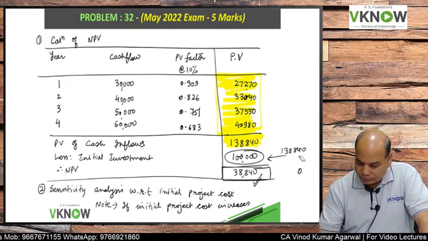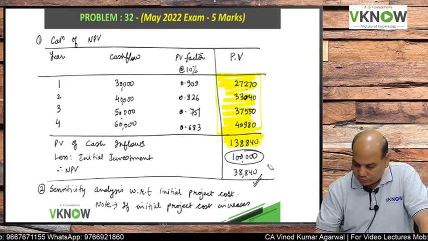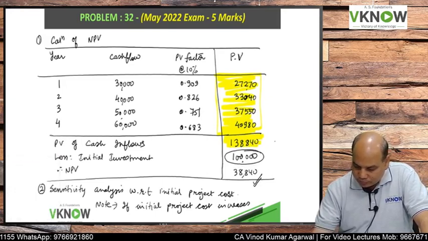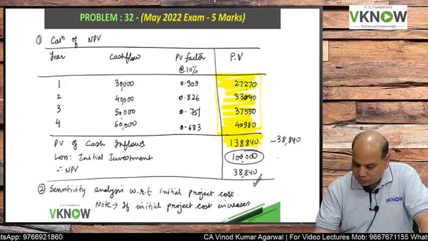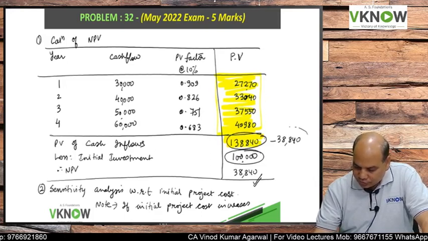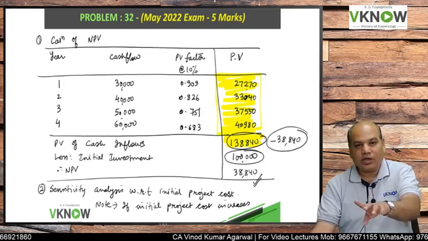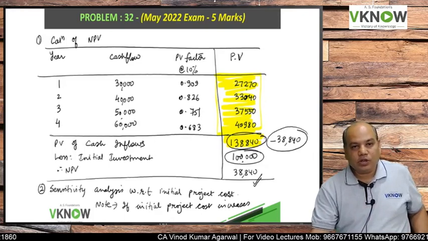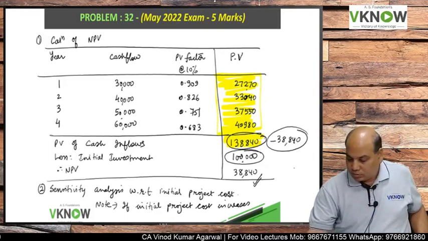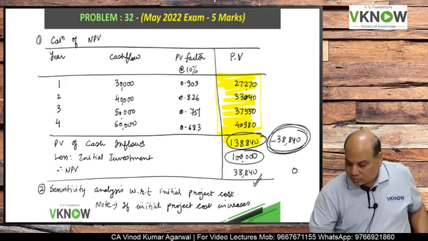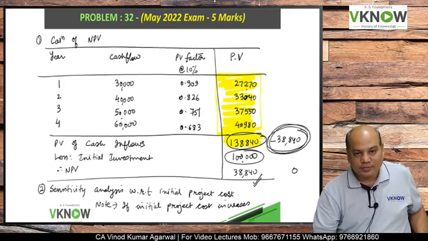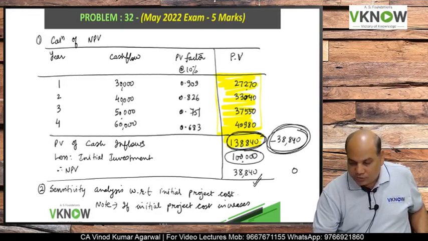Yes or no? If I reduce this number by 38,840, what will happen to NPV? NPV will become 0. So this is our margin of safety and this is the base.